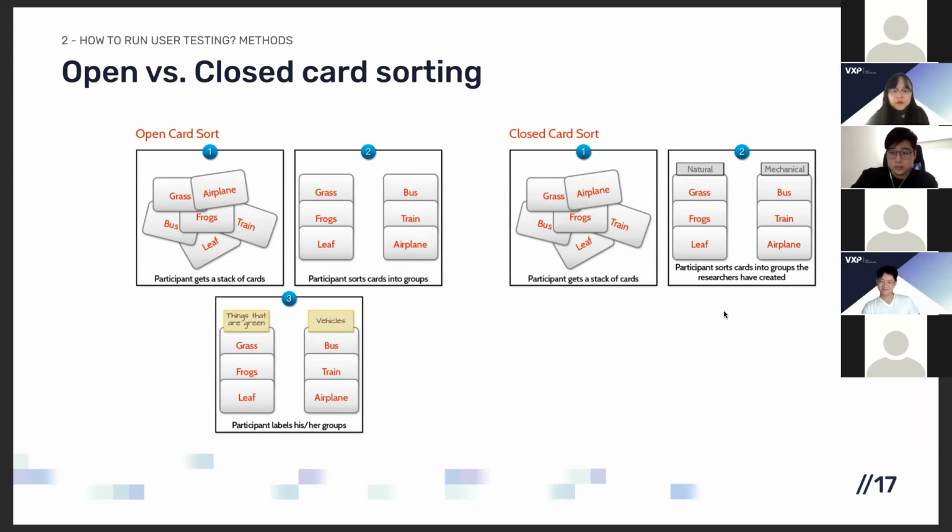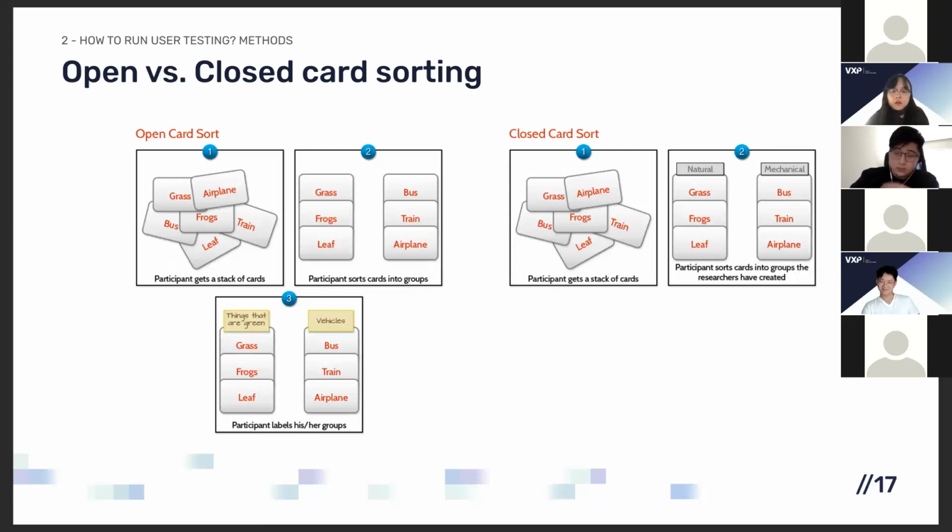So the open card sorting is great when you want to design a new website or if you want to improve the existing one, because analyzing the card sorting results, it's easy to see whether the website is structured in a way users understand, and it will match up with how people actually organize the information.